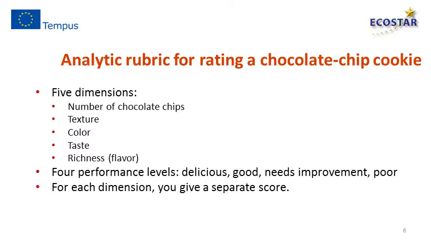Now, you can sum those up together or average them out for a global rating for the cookie. But if you want to go back to the person who made the cookies, you have that information available. You can say, well, the texture, color, taste, and richness were wonderful, but you need to use more chocolate chips because I only got a chocolate chip in 50% of my bites.